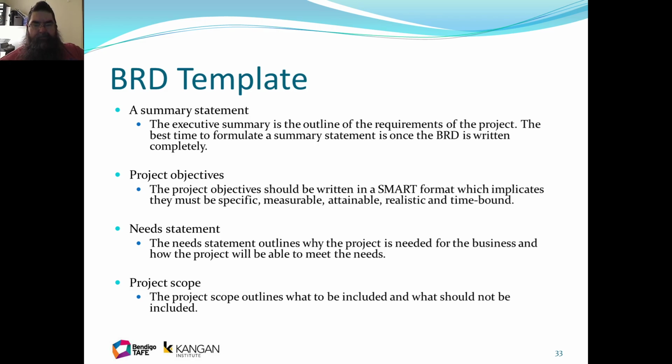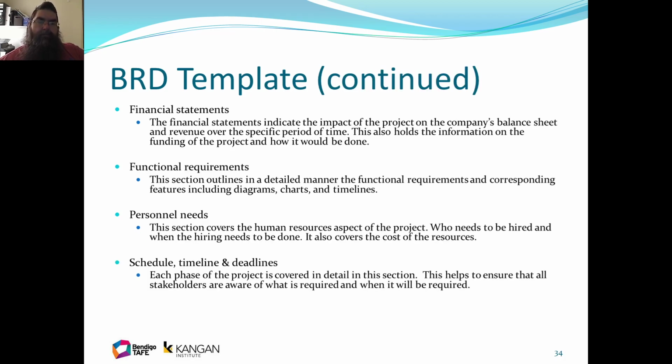Project scope outlines and includes what should be done within the project. Financial statements, so the impact on the company's balance sheet. Everything's about money in business, so you need to have financial statements on how the project is going to be financed, what money is allocated to what steps within the project.